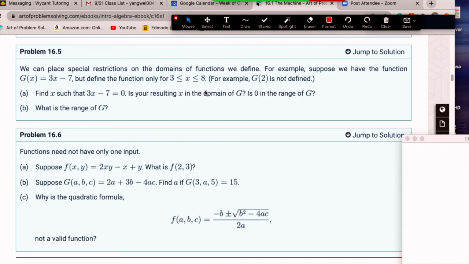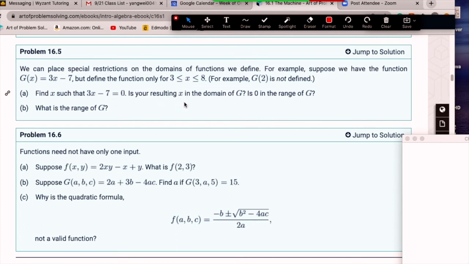For example, suppose we have the function g(x) equals 3x minus 7, but define the function only for 3 less than or equal to x less than or equal to 8. For example, g(2) is not defined. Then A, find x such that 3x minus 7 equals 0.